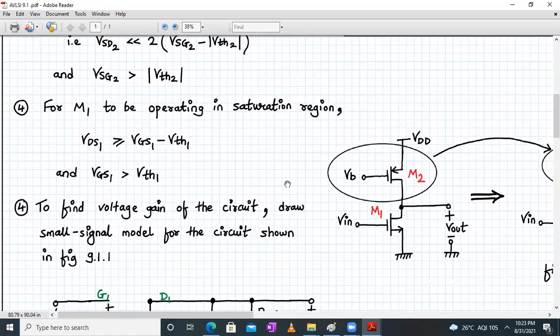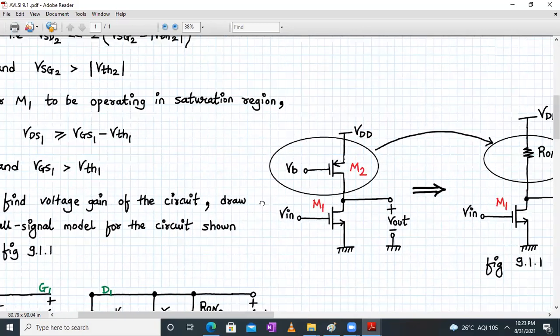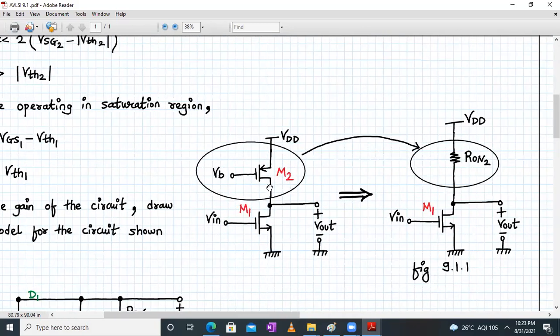Next, we wish to find the voltage gain of the circuit. So we have to draw the small signal model. Here we have already seen that if M2 operates in the deep triode region, it can be replaced by a two-terminal resistor R on. Since M2 is the transistor, we call it R on2.